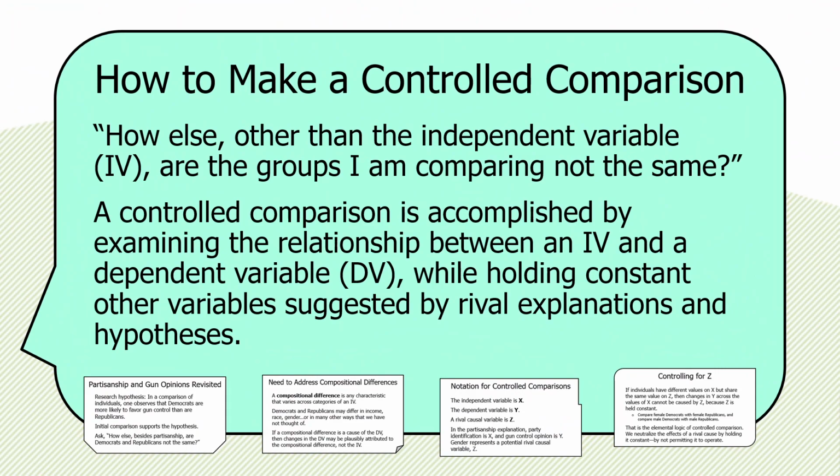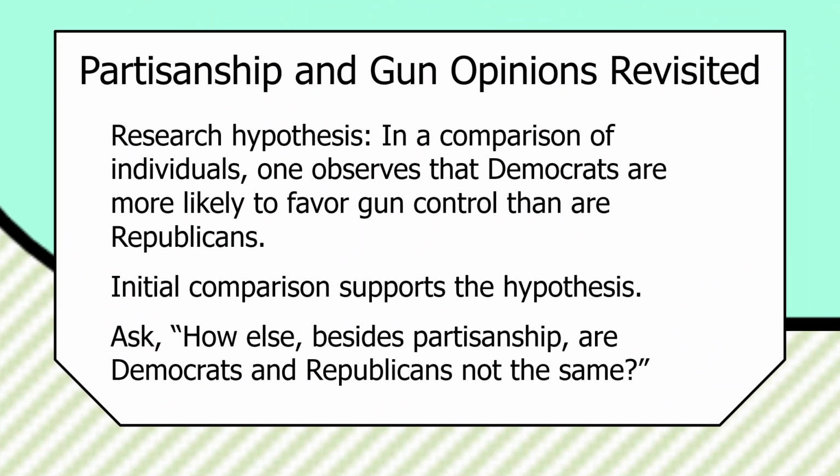Let's return to the recurring example in the textbook, which is the relationship between partisanship and gun control opinions. Here's the hypothesis. In a comparison of individuals, Democrats are more likely to favor gun control than are Republicans. And sure enough, if we did this simple comparison, we'd find this: 64% of Democrats favor gun control compared with only 25% of Republicans.